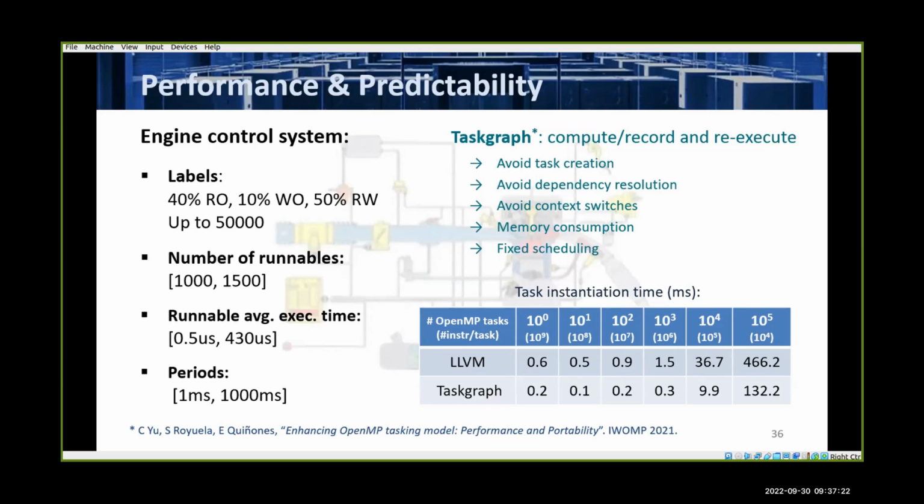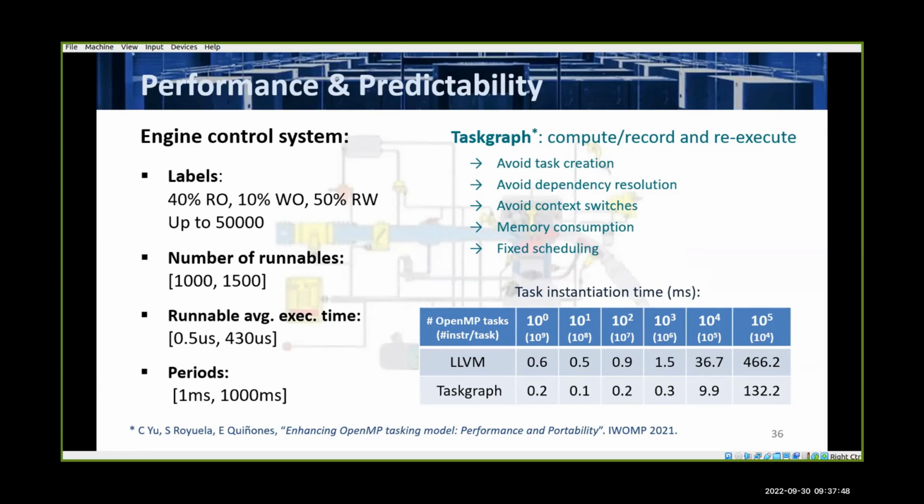If not, we record it at runtime. And then any time that the region is executed again, we just execute the task graph, meaning that we don't need to execute the user code to instantiate tasks and so on, because they are already in the runtime system. So we avoid context switches and so on. As you can see, we reduced the overhead of the runtime a lot.